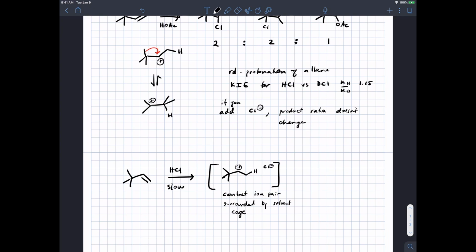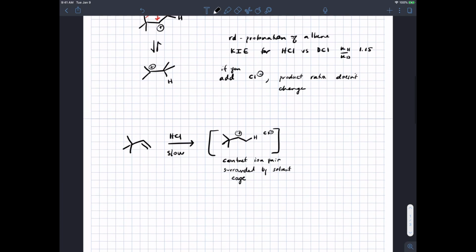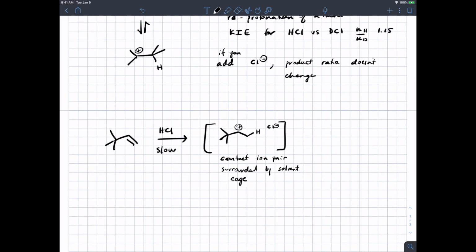And it turns out that diffusion of Cl minus into the bulk solvent is slow. So it turns out that the 1-2 shift is quite fast within the contact ion pair.